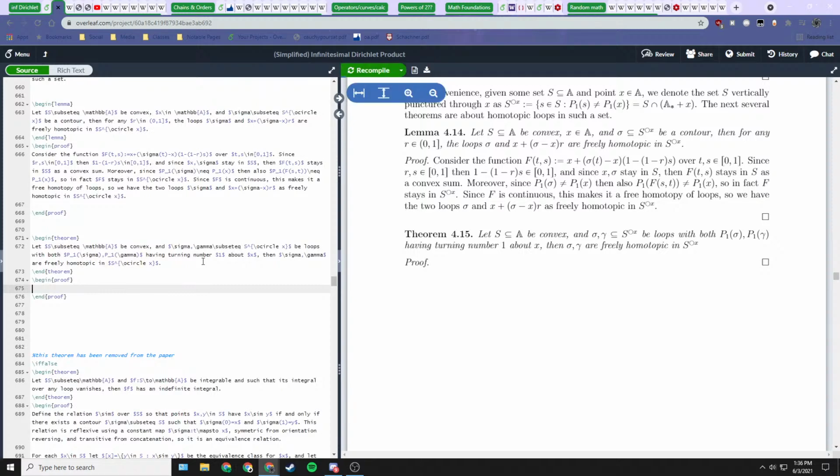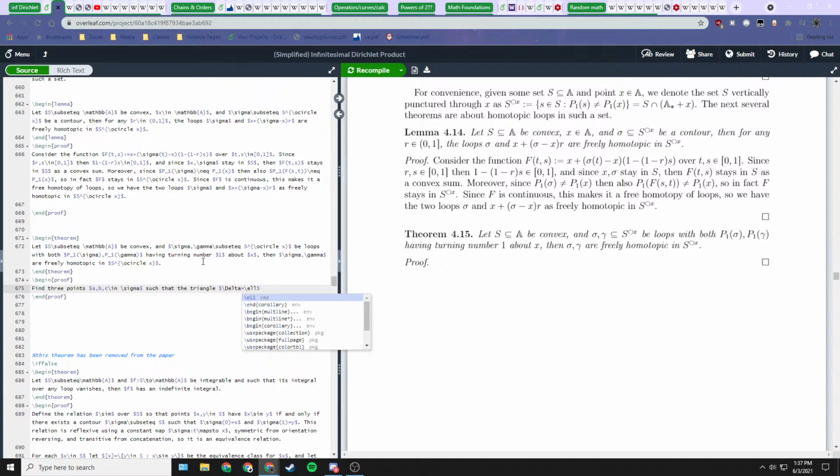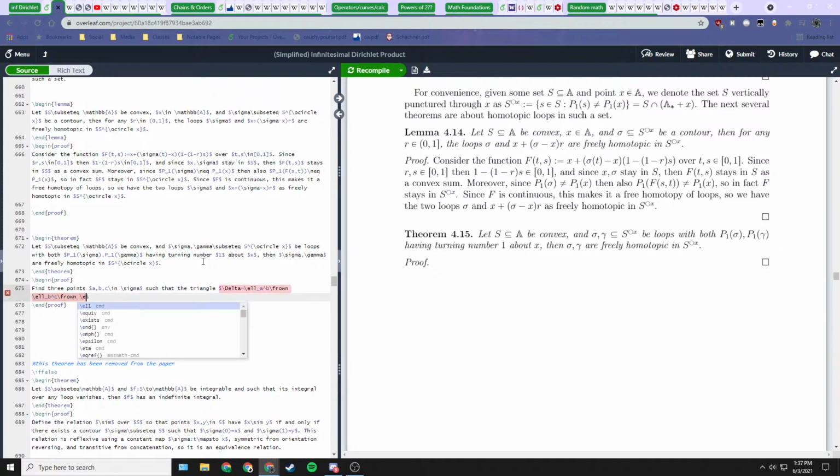So to do that, I think what we can do is find 3 points A, B, C. We can put these just in the sigma curve such that the triangle delta, which is A to B, B to C, C to A again.